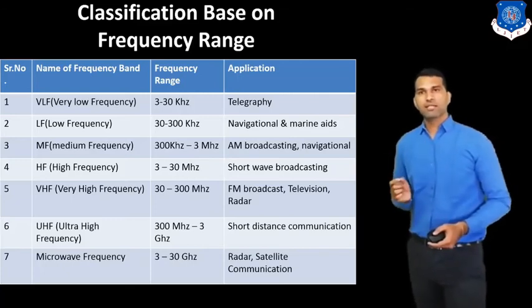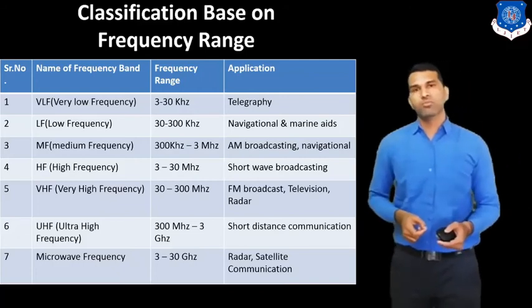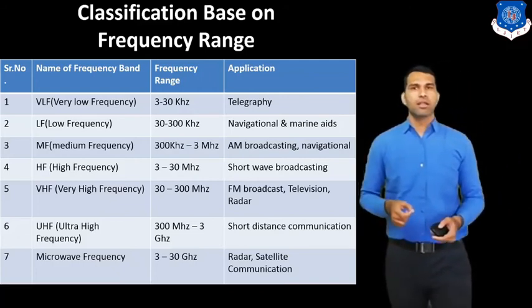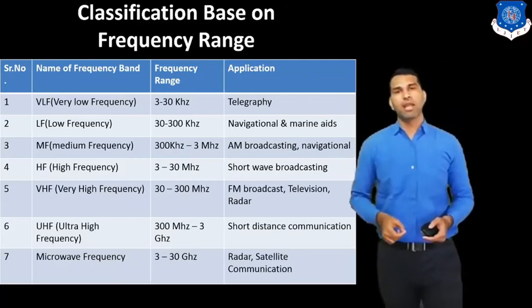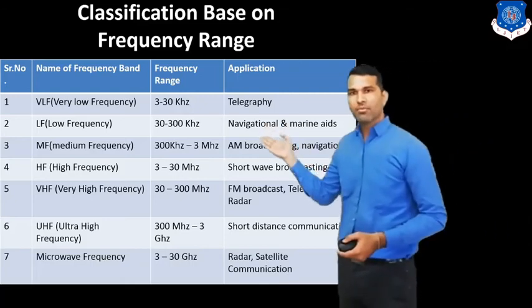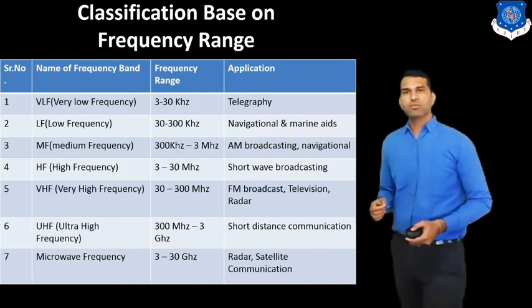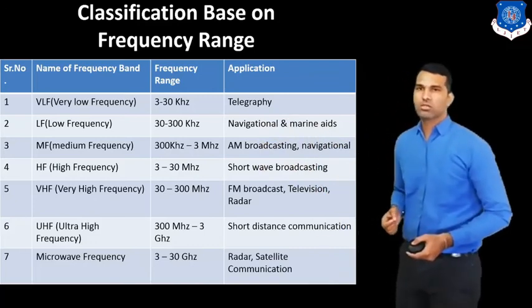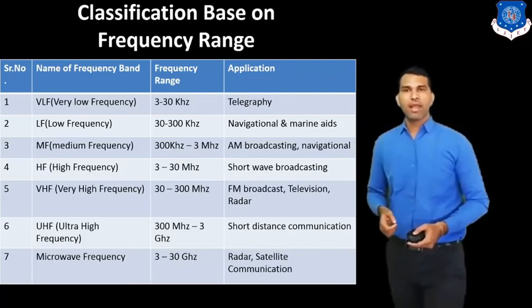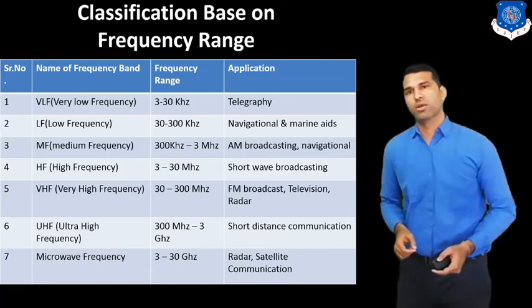Now next one is the LF, that means the low frequency band. The frequency range is 30 to 300 kilohertz, and this antenna is used for navigational and marine aids. Now the third one is the MF, that means medium frequency, and the frequency range is between 300 kilohertz to 3 megahertz, and this is used for AM broadcast and navigational purposes.